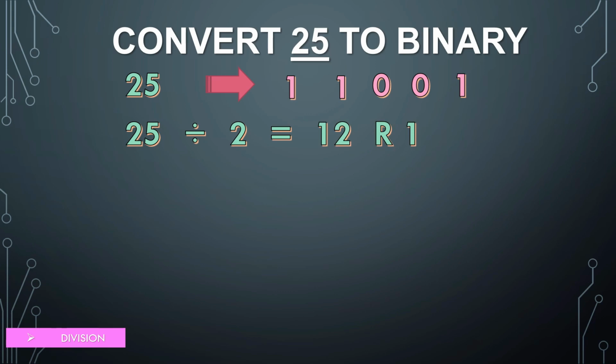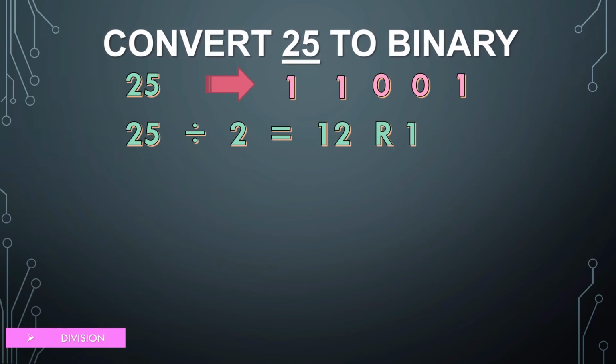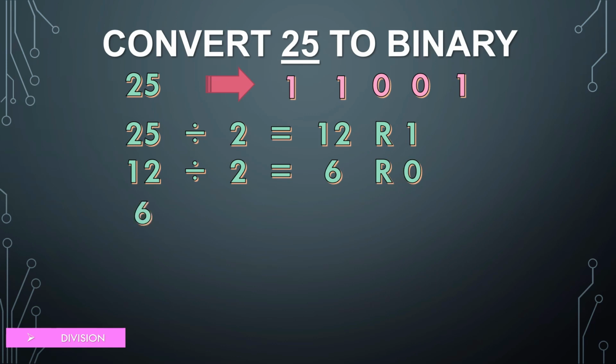So next, 12 divided by 2 is equal to 6. There's no remainder, so we write 6, remainder 0. Next, 6 divided by 2 is equal to 3. No remainder again, so remainder 0.